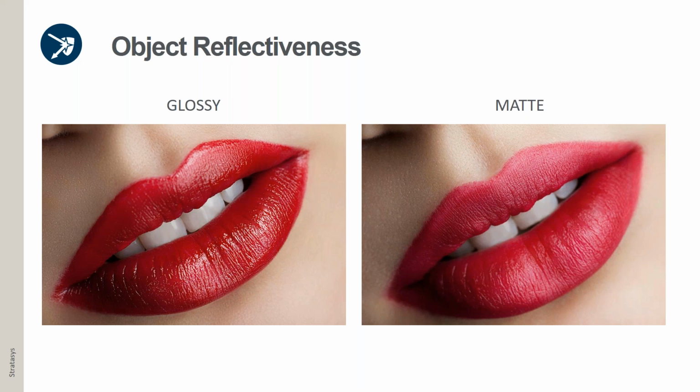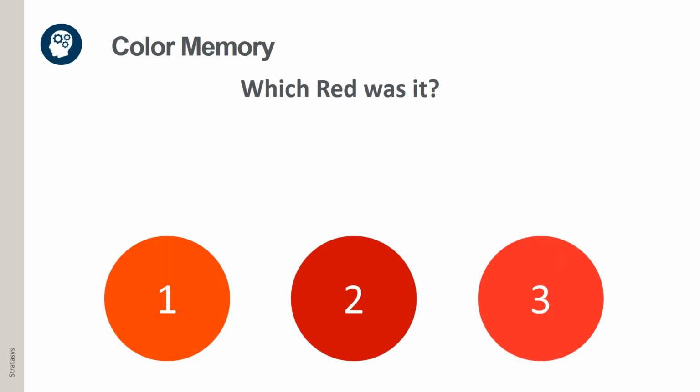So can you remember what I asked you a few slides before and tell me which red was the one I showed? I give you 3 options. This is quite easy now, but let's test.